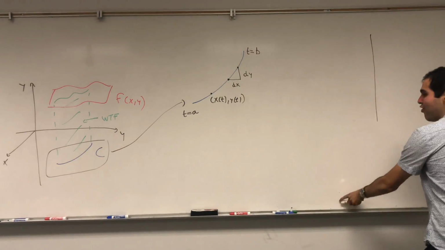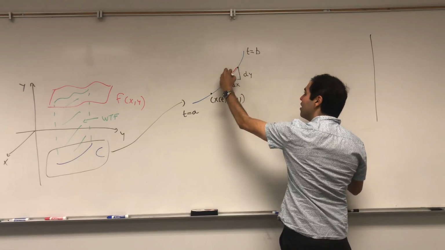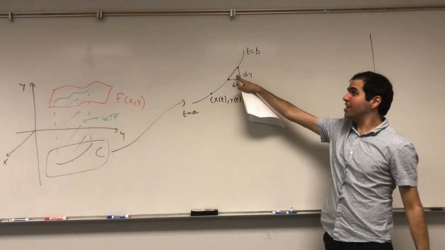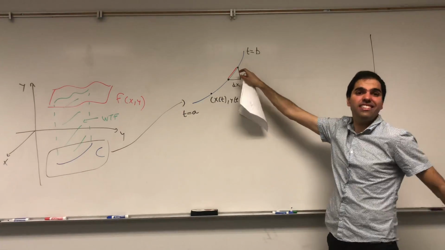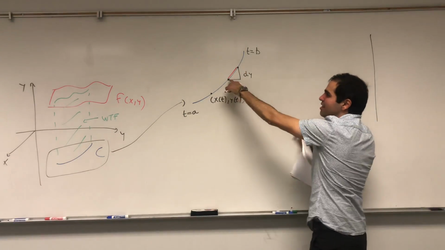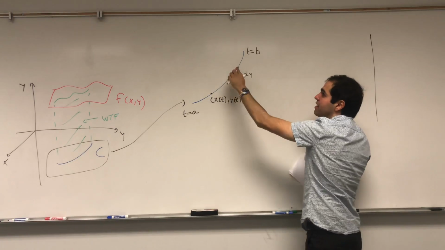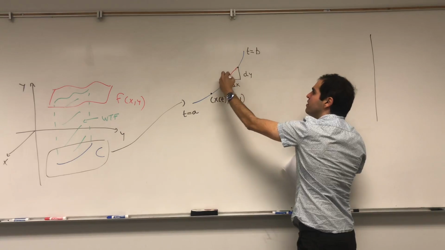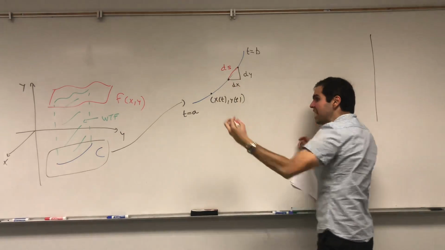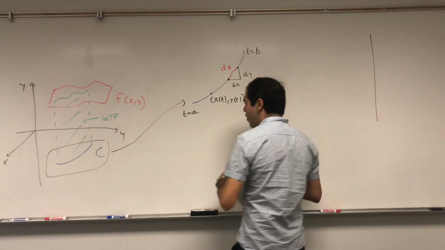Then notice the following. This diagonal is pretty close to the curve. In particular, you may notice it's almost indistinguishable from the curve. Here I exaggerated this, but in general you can't even see it. Now, we have this thing ds, and ds is this change in diagonal. What is ds?